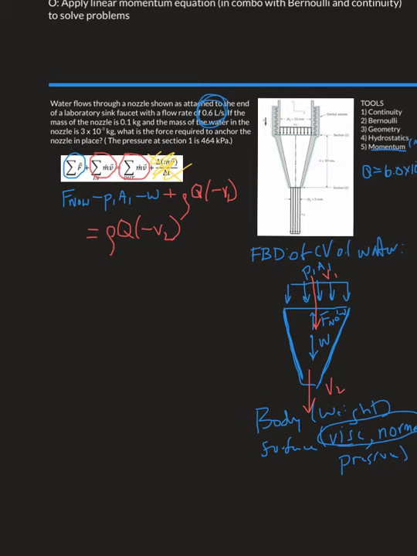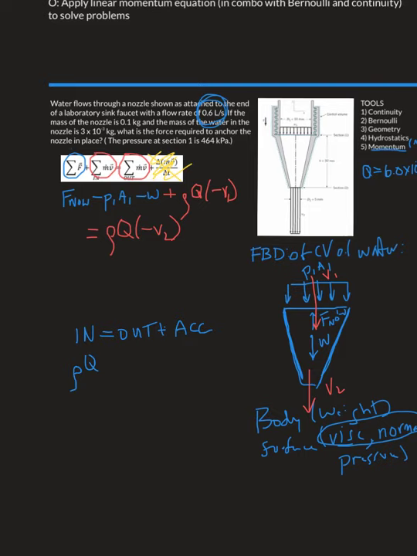So now let's do continuity. The way we typically work with that is we're going to say in equals out plus accumulation. This one's nice and easy, right? Because in, that's m dot in, so that's going to be rho Q in.